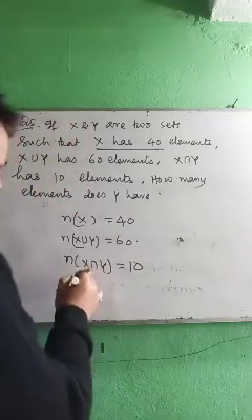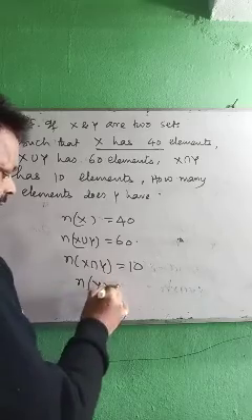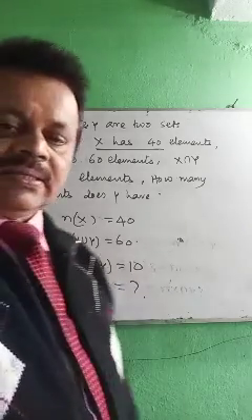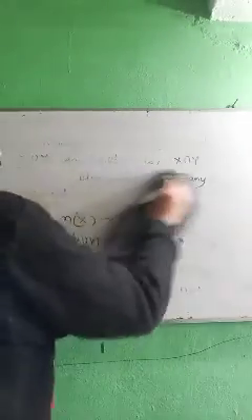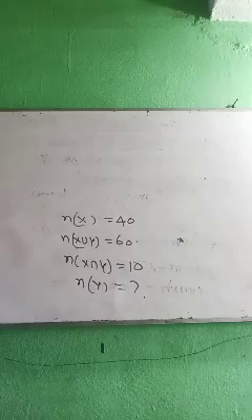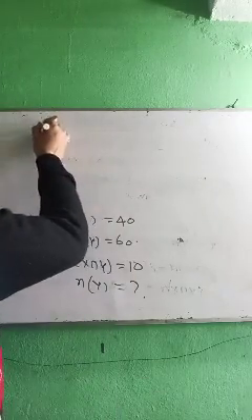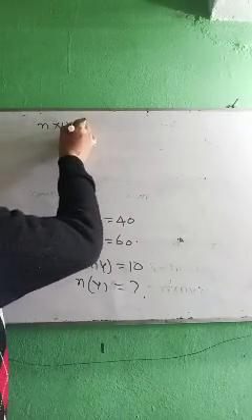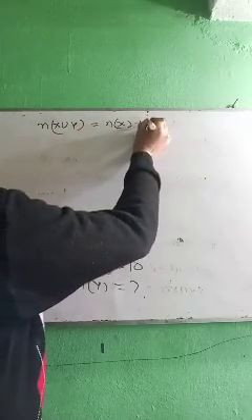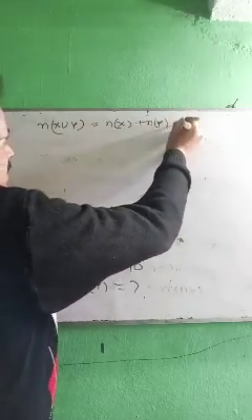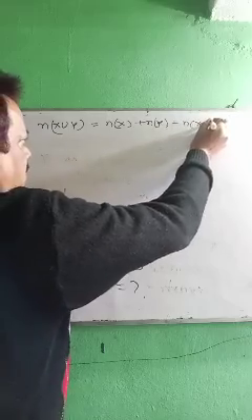How many elements are there in Y? The formula is the same. You can write n(X union Y) equals n(X) plus n(Y) minus n(X intersection Y).